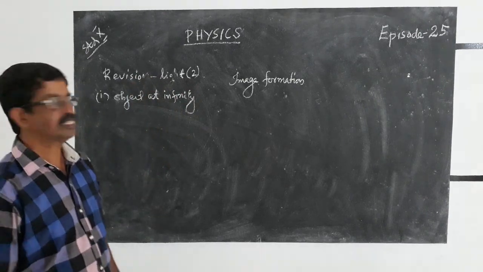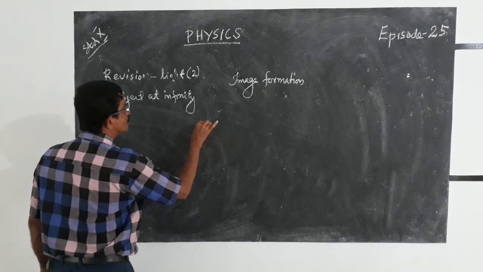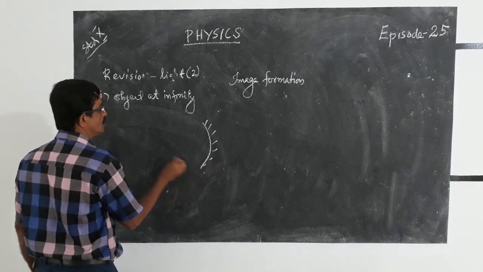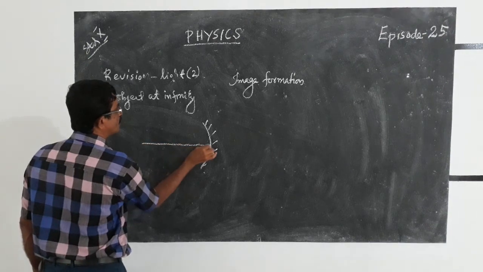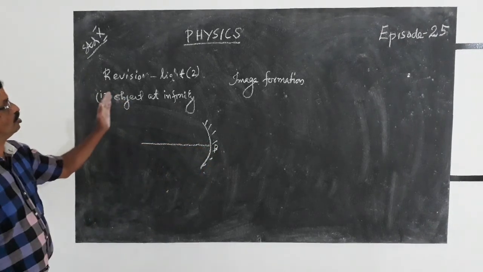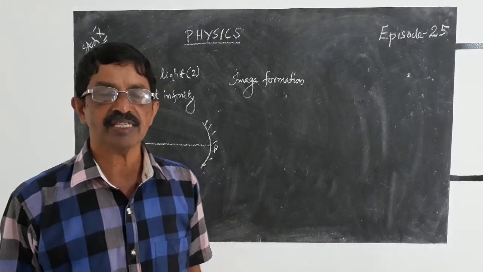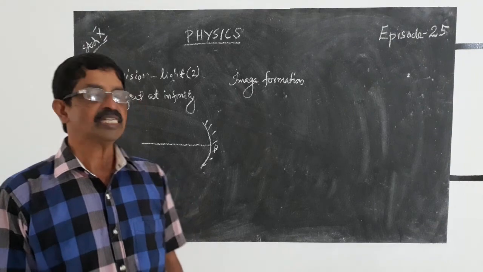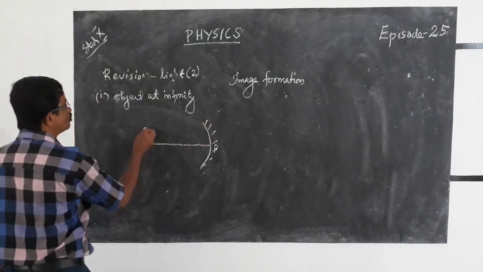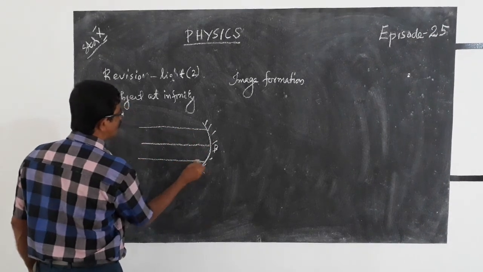This is the concave mirror, its principal axis and pole. We know when the object is at infinity, the light rays travel parallel to the principal axis.